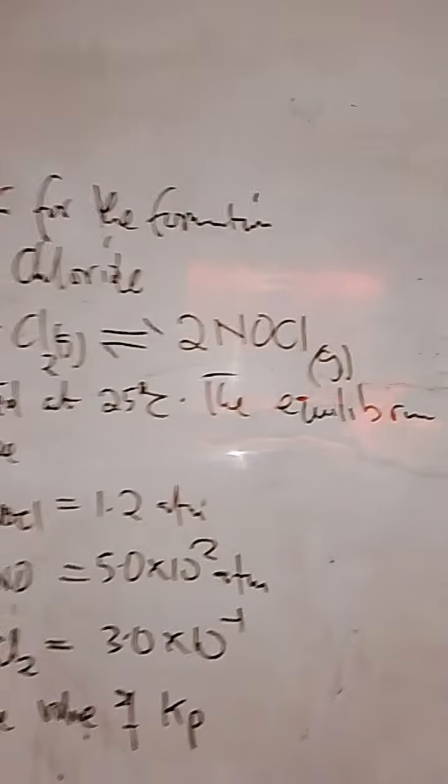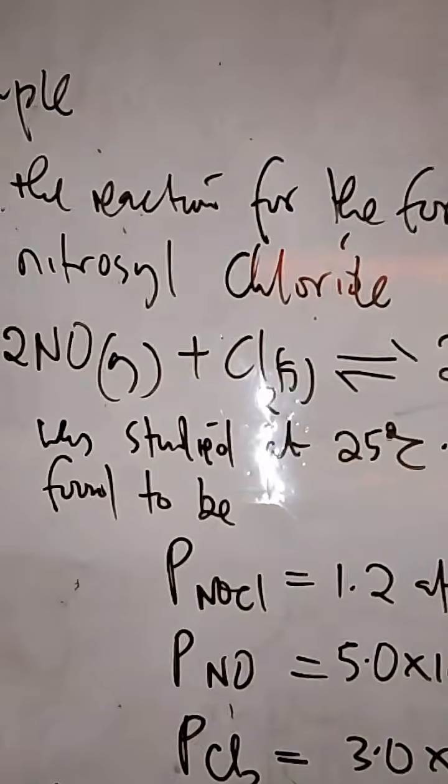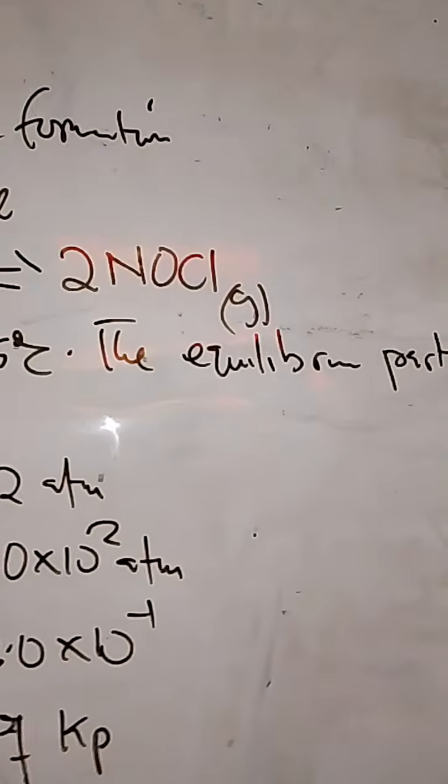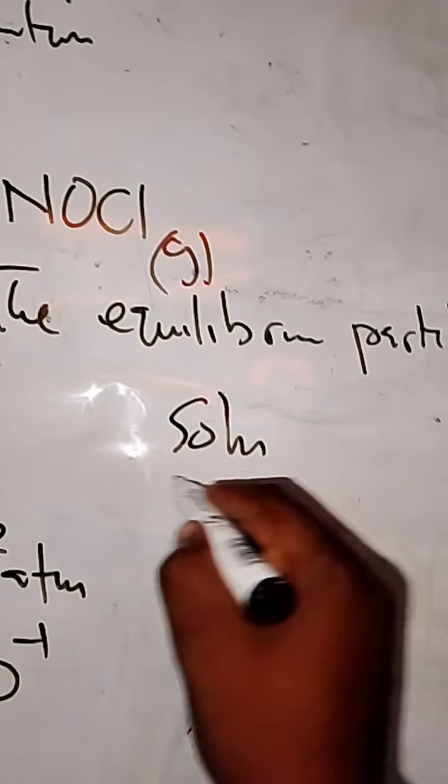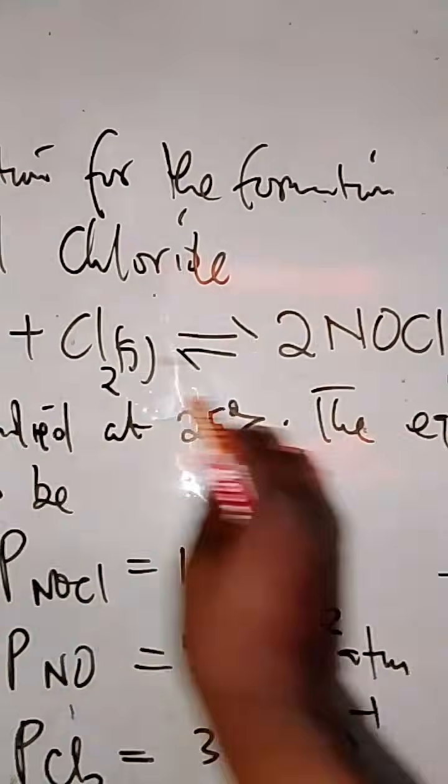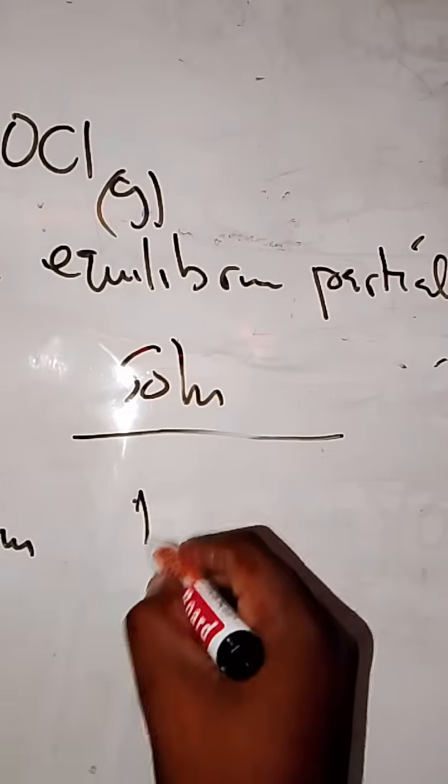So what we need to do is just write the Kp expression from the equation given for the formation of nitrosyl chloride. Okay, so solution. We simply write Kp.